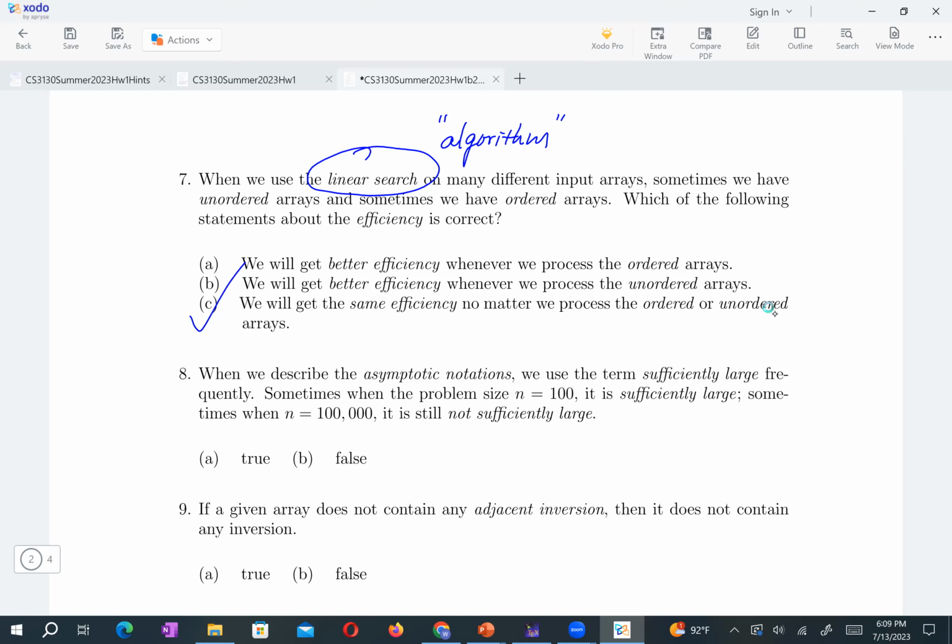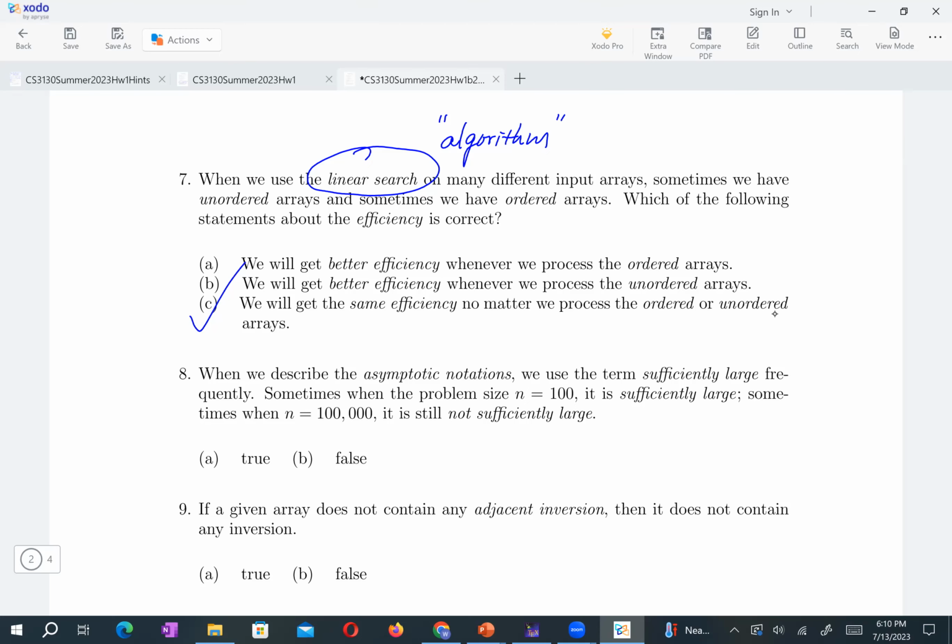So for that reason, because we assume the search key is a random one, when we consider the random property, ordered or unordered, the probability is the same.